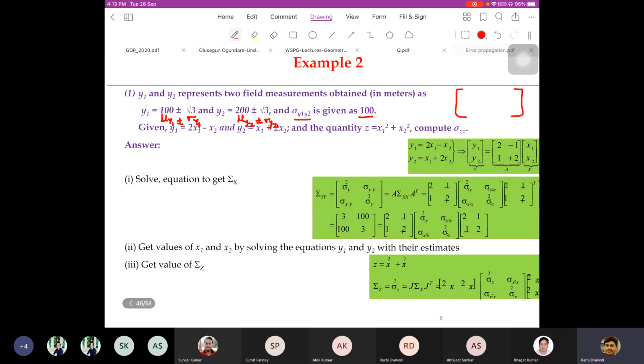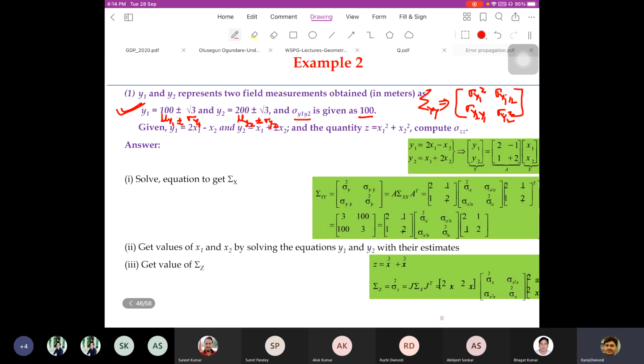So how would you form sigma yy? As sigma y1 square, sigma y1 y2, sigma y2 y1, and sigma y2 square. That's how you will form the variance covariance matrix. Okay.